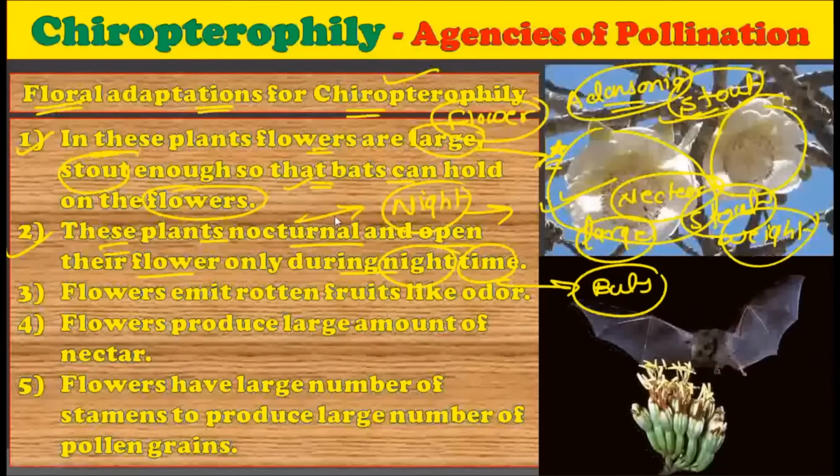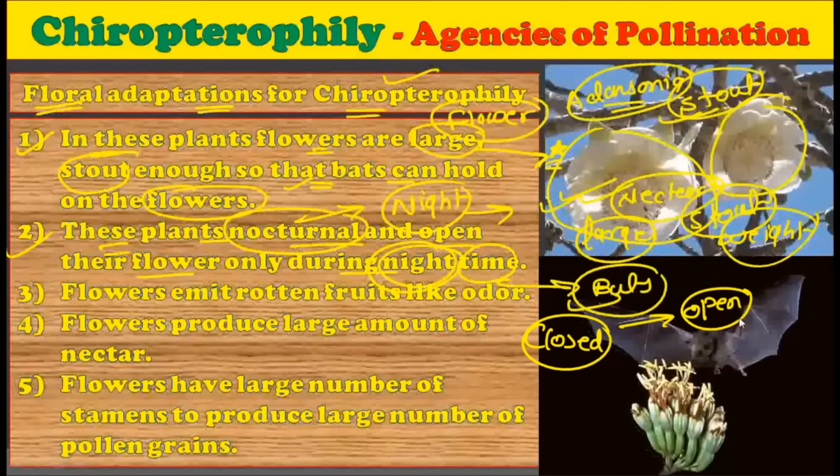So the bats as well as the chiropterophilous flowers are both nocturnal, because chiropterophilous flowers only open during the night. They remain closed all during the daytime, but they open themselves during the night, and that is why these flowers are considered nocturnal flowers. In a very similar way, bats are also nocturnal. That is, they remain inactive during the daytime, but they become active during the night time.